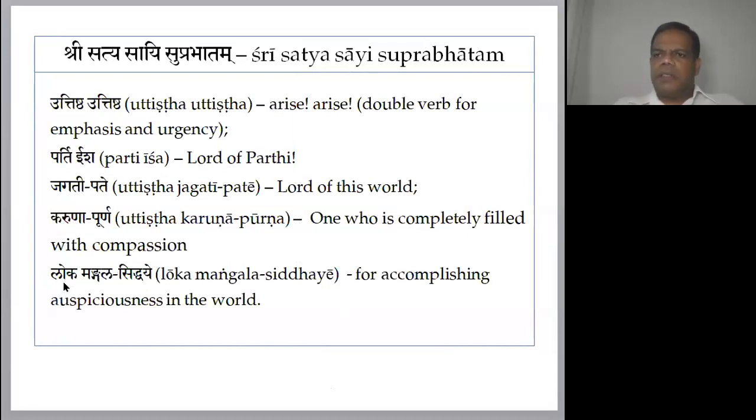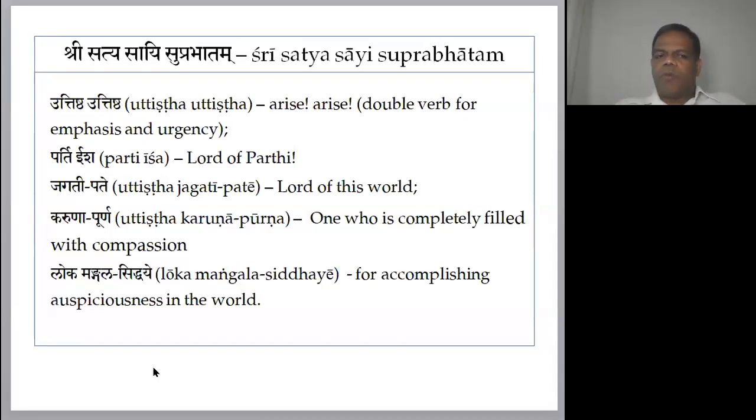Loka is the world, the visible world. Mangala is auspiciousness. Siddhaye means to achieve something. Siddhi is achievement. Siddhaye, for the sake of. It's a fourth vibhakti or fourth case ending of siddhi. So for the sake of auspiciousness for this world, for accomplishing auspiciousness in this world, we are calling out to the Lord to wake up.